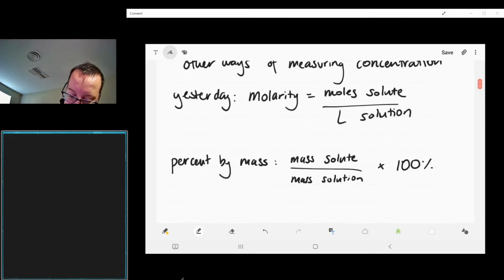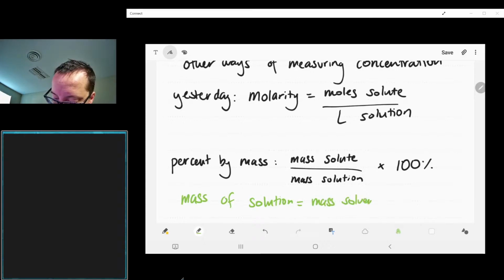Notice that the mass of the solution is going to equal the mass of the solvent plus the mass of all the solutes.